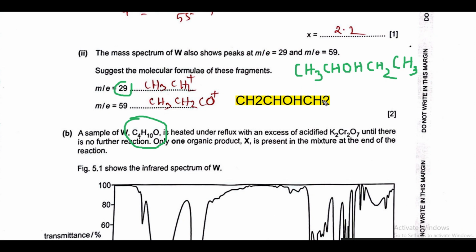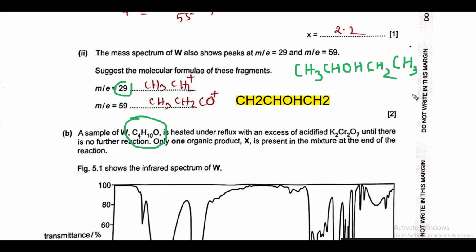This is butanol, C4H10O, with 4 carbons, 10 hydrogens and 1 oxygen.